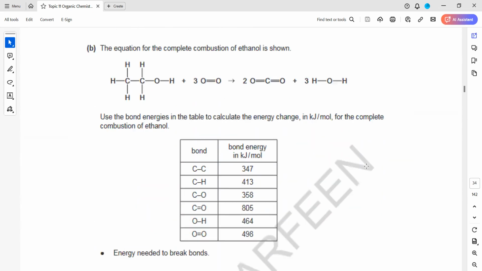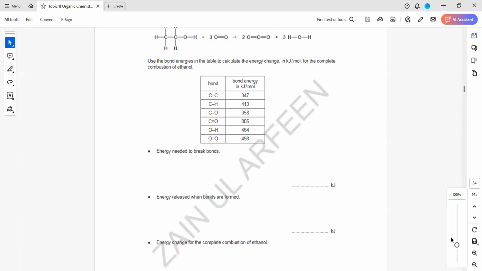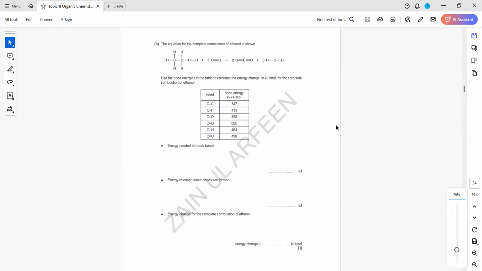In part B, the equation for the complete combustion of ethanol is shown. We need the energy change for the complete combustion of ethanol. Energy is needed to break the bonds; the reactant side is the bond breaking side.